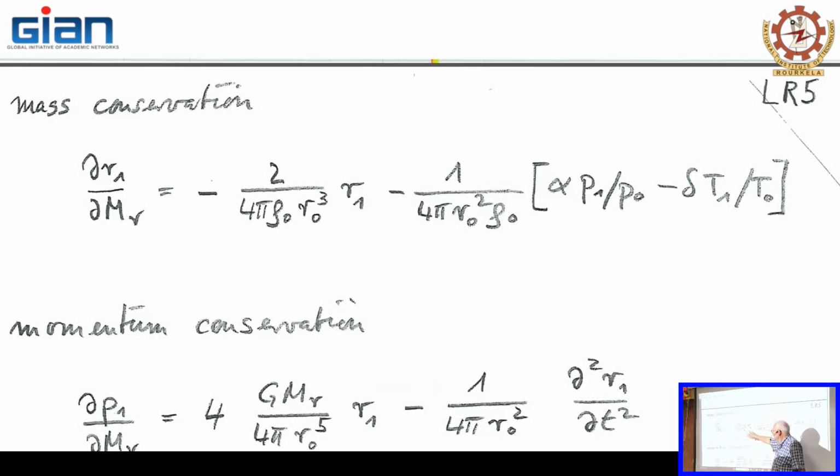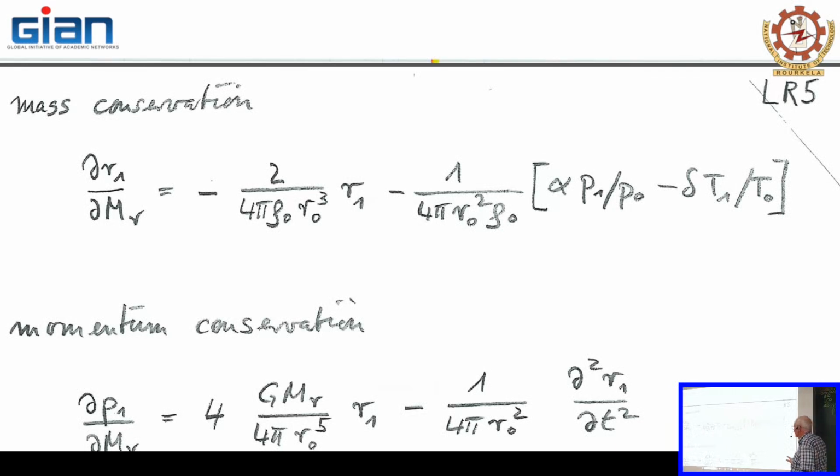Well, this comes from the linearization of 1 over r squared. We have dr by dm is 1 over 4 pi rho r squared. This is the linearization of the 1 over rho squared, 1 over r squared term. And this here is the linearization of 1 over the density.